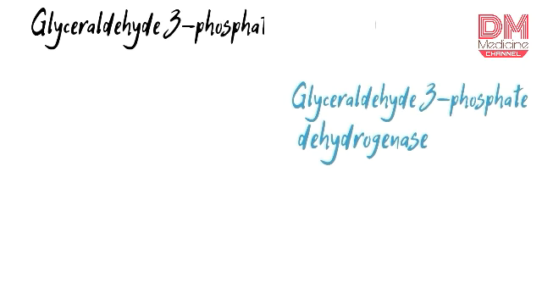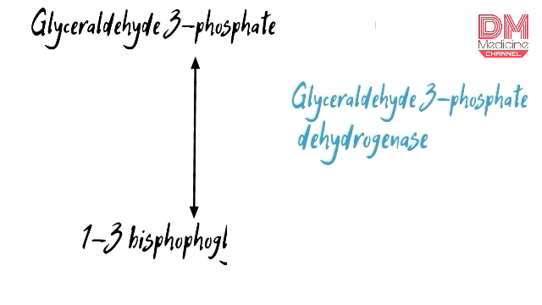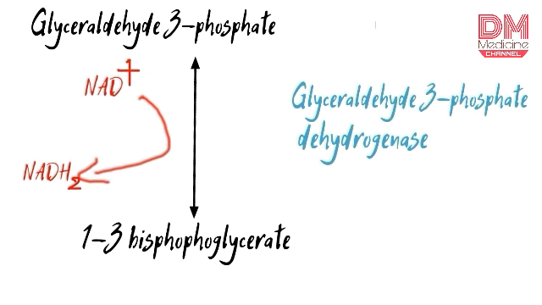Then glyceraldehyde 3-phosphate dehydrogenase converts glyceraldehyde 3-phosphate to 1,3-bisphosphoglycerate, and this is an important step as it is involved in the formation of NADH and a high energy compound, 1,3-bisphosphoglycerate.